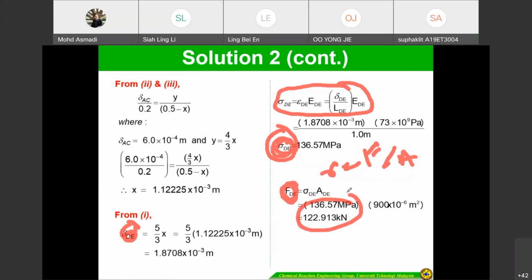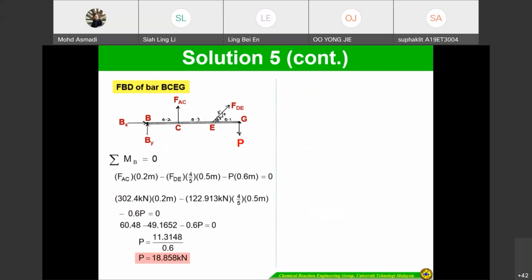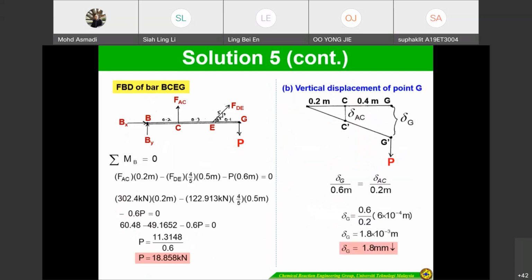And then we have to determine the FBD for bar BCEG. We have to draw a free body diagram, FBD, because we want to determine the deflection at point G as well as the force at point P. If you look at here, I think we have to do a moment at point B, because here we have two unknowns.